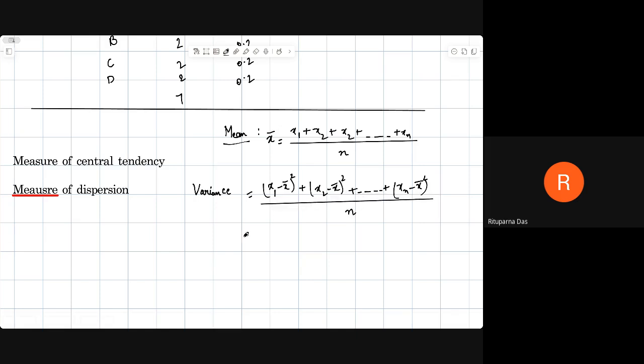That will be your variance. When we take the square root of variance, that will be your standard deviation. Another important topic is covariance and correlation.